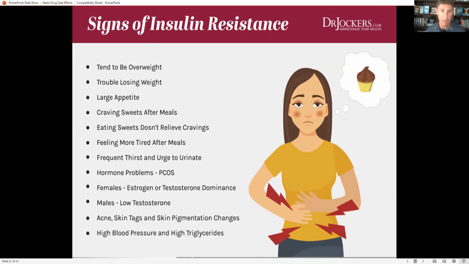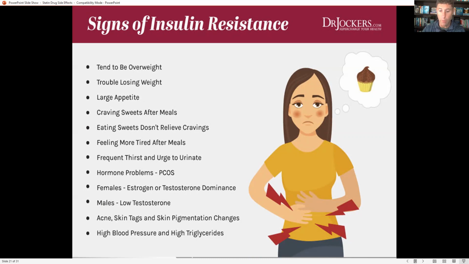So for some women, just genetically, when they have high insulin, they have higher testosterone, which causes PCOS and acne. For other women, they have higher estrogen, which can cause things like endometriosis, a lot of mood swings, right? Different issues like that. Weight loss resistance is common with higher estrogen in women.